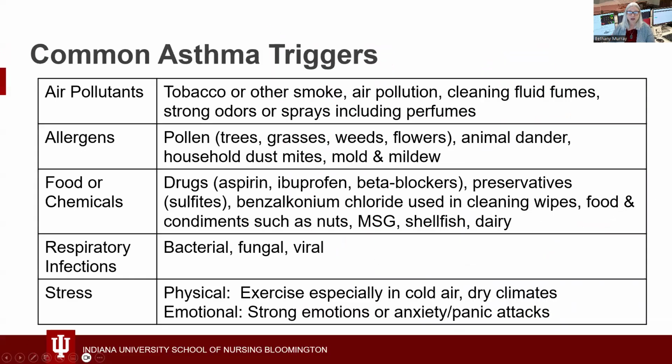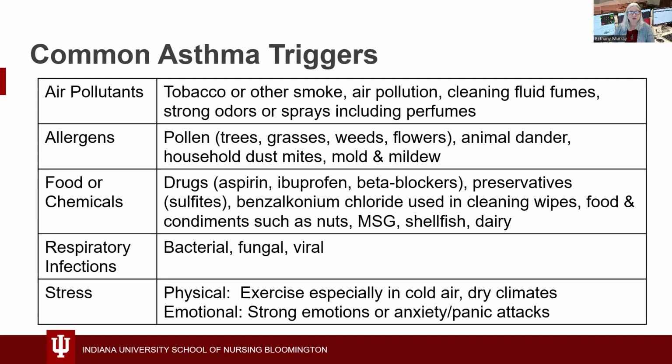What are some triggers for an asthma attack and acute bronchospasm? Any air pollutant, tobacco, strong odor, air pollution itself, living near a highway, cleaning fluids, sprays, even perfumes that we might wear can trigger an asthma attack in susceptible people. Some asthmas are triggered by allergens, not all, but some, which would be things like pollen from trees, grasses, weeds, or flowers.